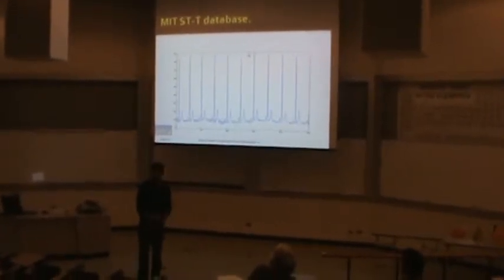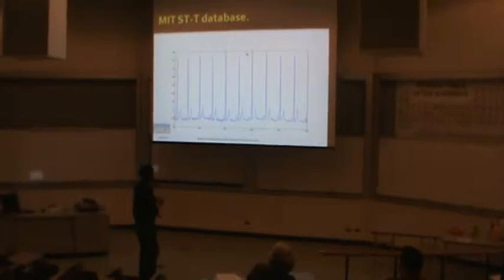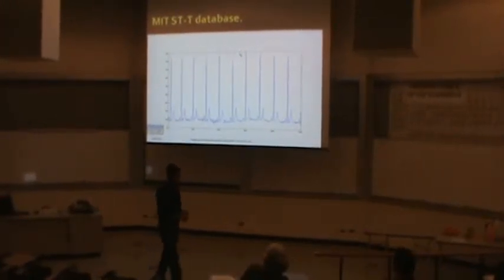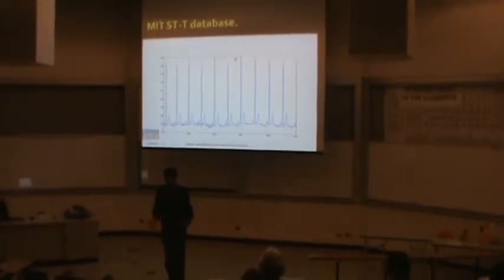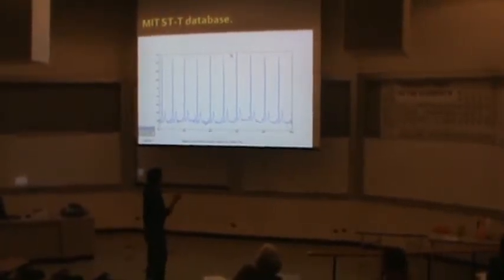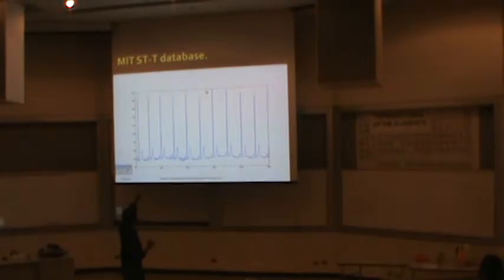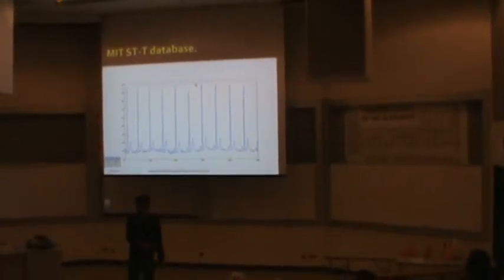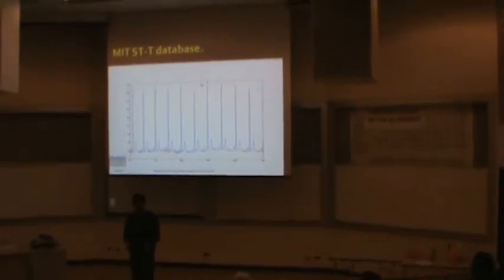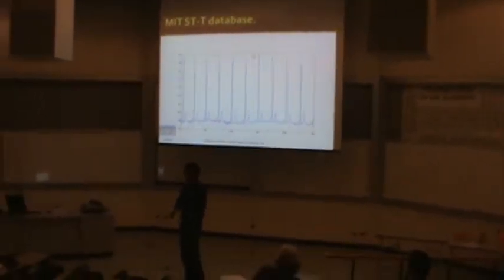This is where the MIT database comes in. Now, MIT, they have a database for all kinds of physiological signals, rather. And they have a database called the ST database, the STT database. These are signals from patients, and this is an ambulatory signal.